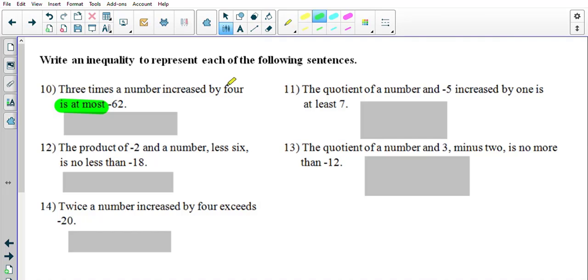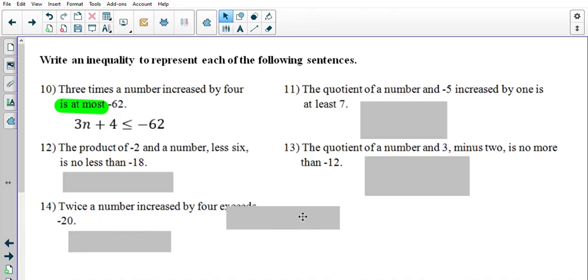The rest of this here, 3 times a number is obviously 3 times a number, multiplication. Increased by, we know, is addition. So we can represent this as 3n, or any variable we choose, plus 4 is at most, is less than or equal to negative 62. Number 11, the quotient of a number and negative 5 increased by 1 is at least 7.